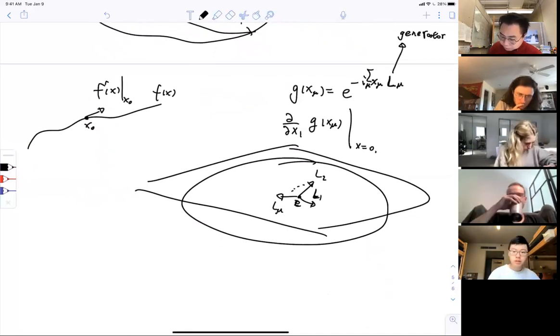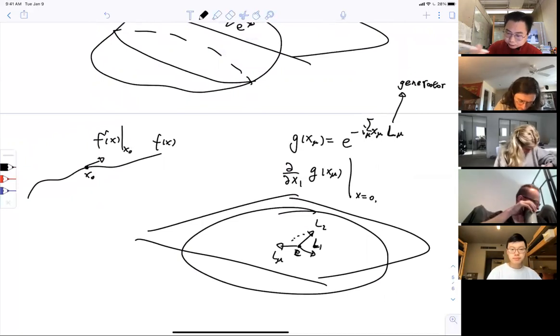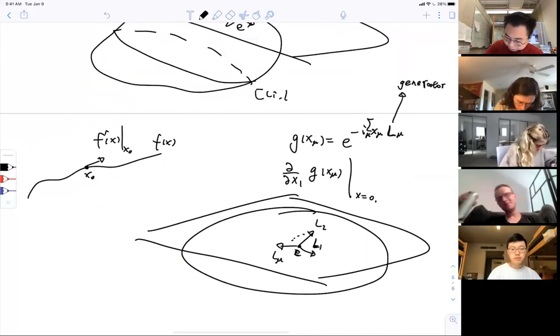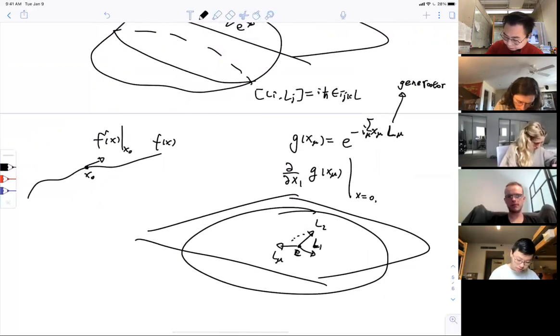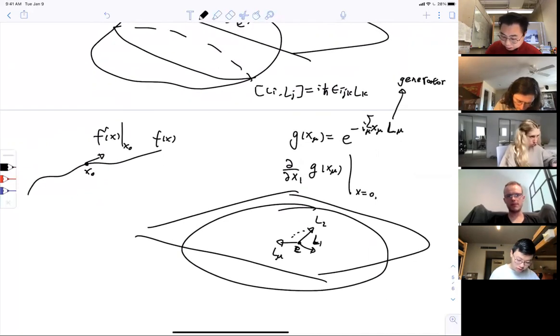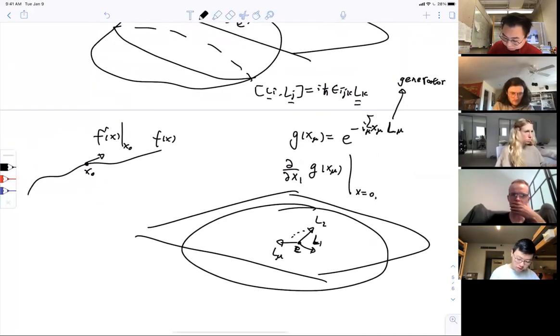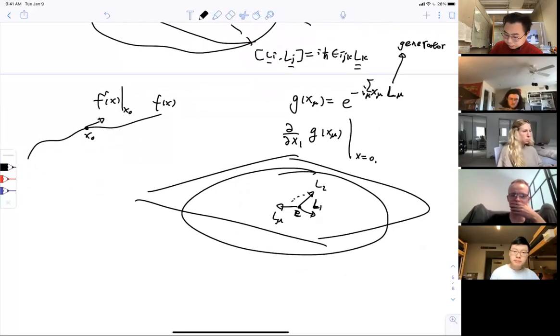And remember the algebra, like what we learned in physics, Li Lj equal to i h bar epsilon ijk Lk, and all the elements are from this tangent plane. And specifically the generators serve as the basis of this Lie algebra.